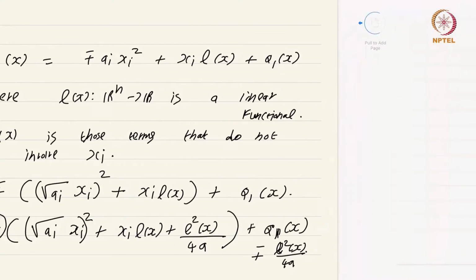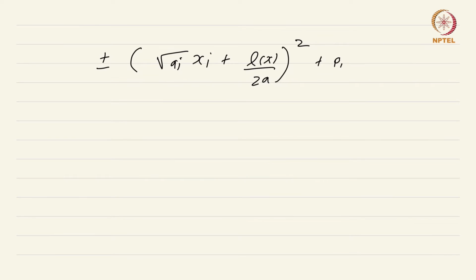What we do is the following: we complete the squares and write the first term as plus or minus square root of ai times xi plus L of x by 2a, the whole squared, plus q1 of x minus or plus L squared of x by 4a. So what are the terms that remain?